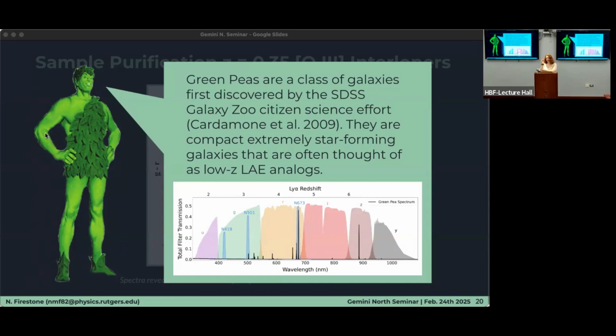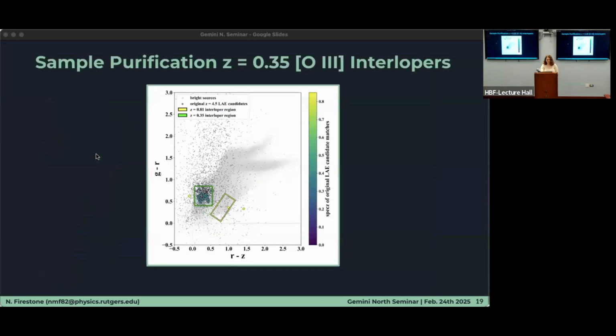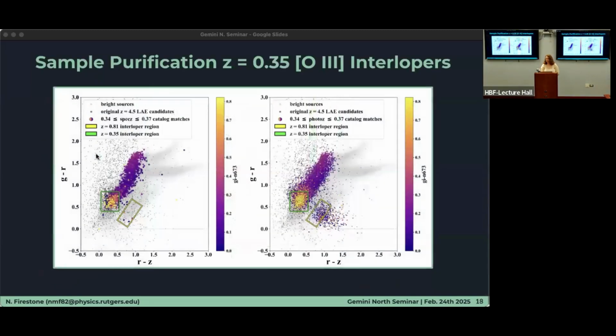So the part that I left out, as to not bore you with all the details about how we remove these objects, is that in addition to looking at the narrowband excess in the filter where we have the O3 emission line, we also look at the excess in the N501 filter where we expect to have O2. So it was strategic in that way.